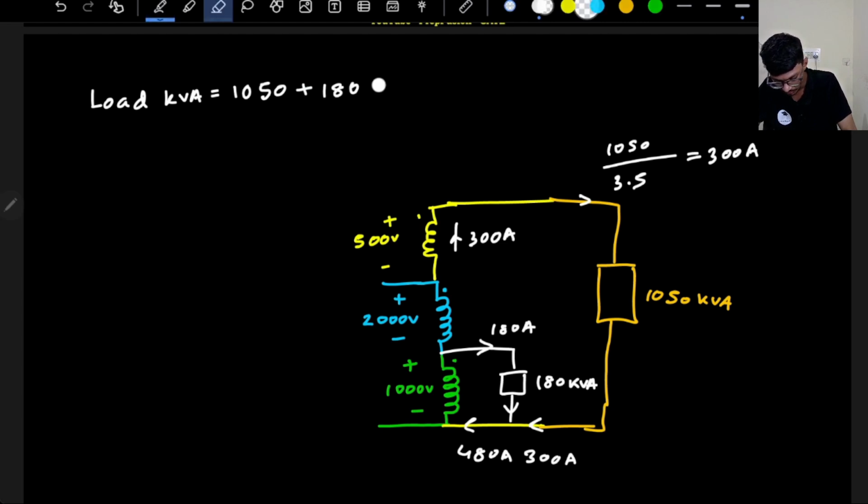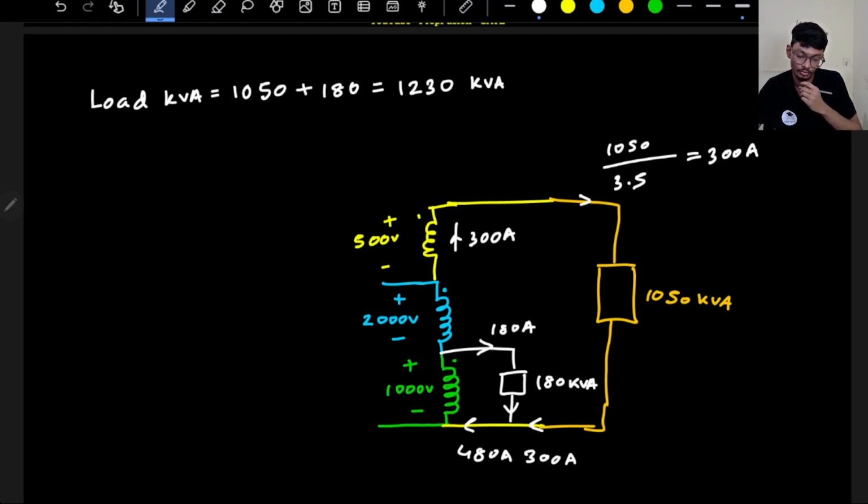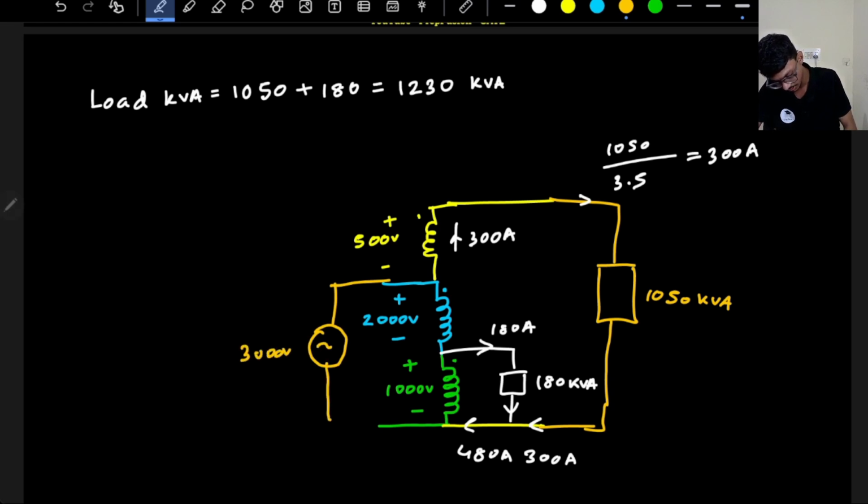Okay, so this value will be 1050 plus 180, that is 1230 kVA. Okay, this is the output kVA. Who is supplying this? Of course the input. So I have an input source connected here. What is the voltage value? 3000 volts, correct?